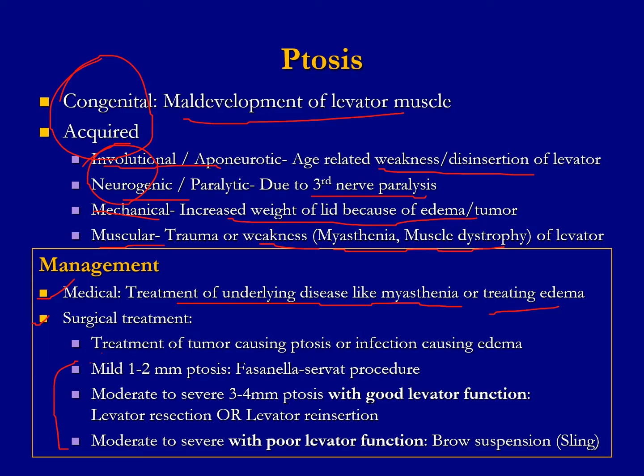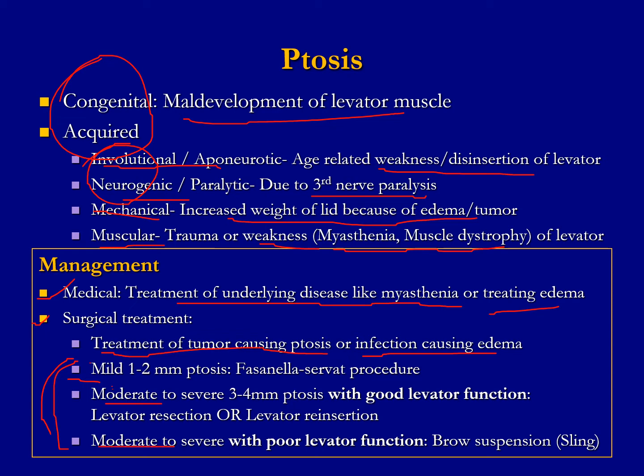First of all, treatment of the tumor causing the ptosis. It is not very common for a tumor to cause ptosis, but whenever it does, you can treat the tumor, or you can drain the abscess at times, and that can resolve the ptosis. Most common is involutional, and involutional can be mild or moderate to severe.